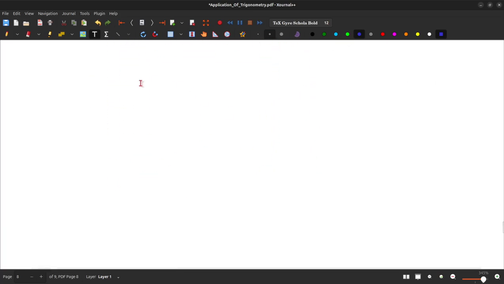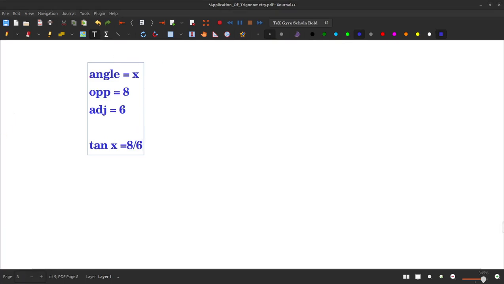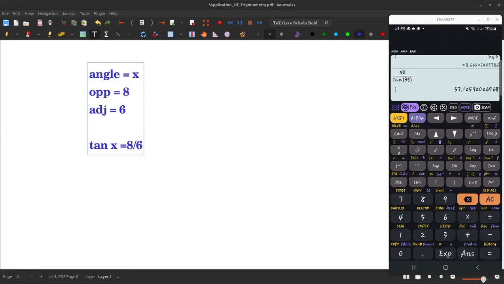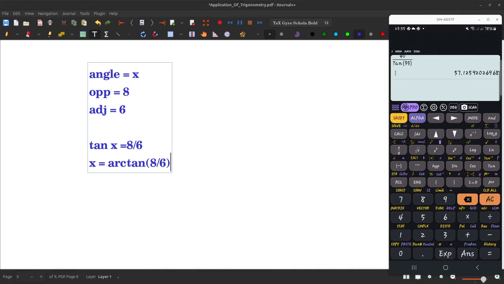Let's come and write it down here so that we have a space for our calculator. Nice one. Then your x is now going to be equal to the arc tan of 8 over 6. What's arc tan 8 on 6? Shift tan 8 on 6.